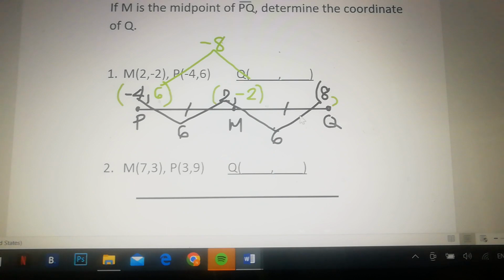So therefore, to find the y coordinate of the other endpoint, we will add negative 8 to negative 2, which is negative 10. So the coordinate of point Q now is equal to 8 and negative 10.